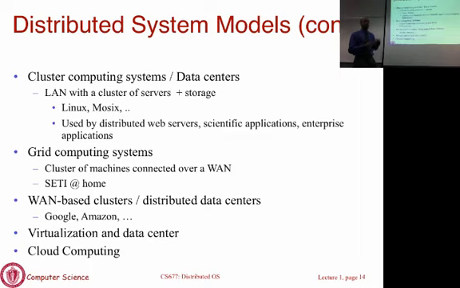And then you have the evolution of this model into what's called cloud computing. Cloud computing is nothing but data centers that have clusters and servers that you can rent rather than buy. So rather than building your own, you lease from someone else who is willing to give you servers or storage to rent.